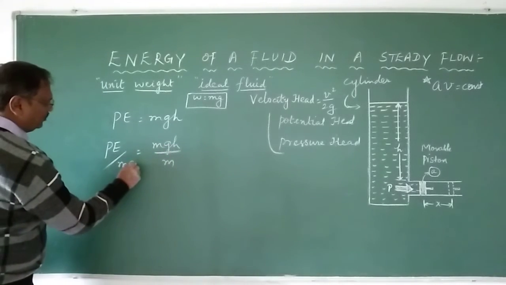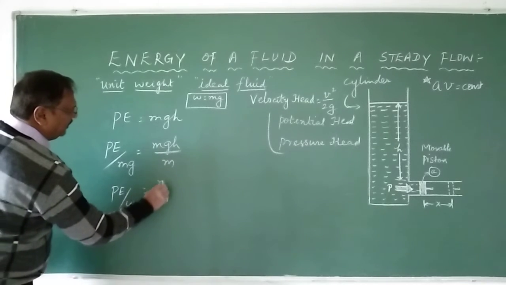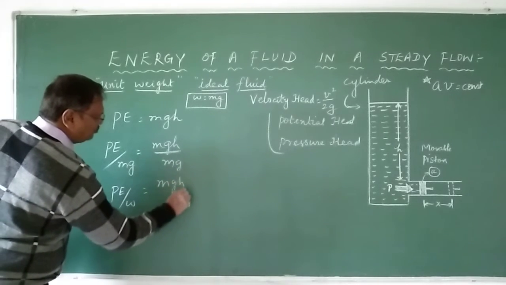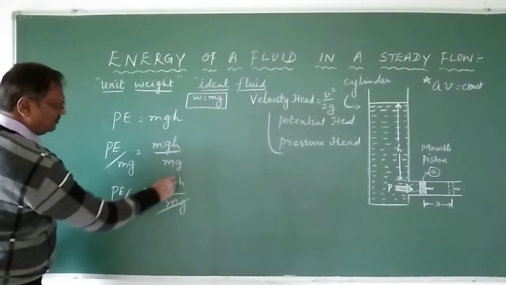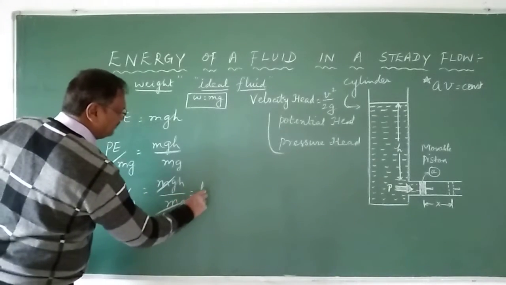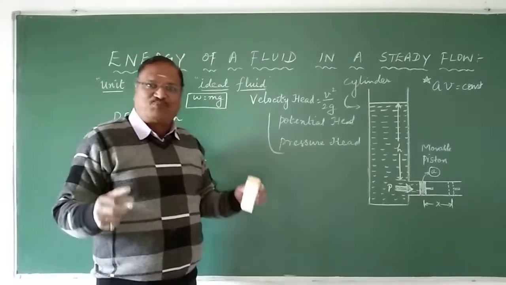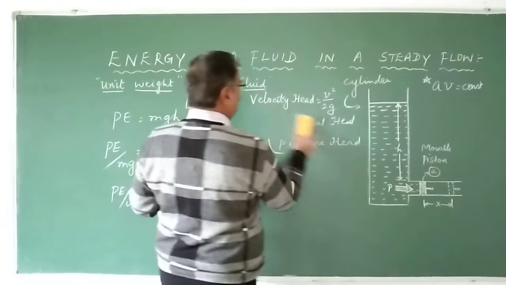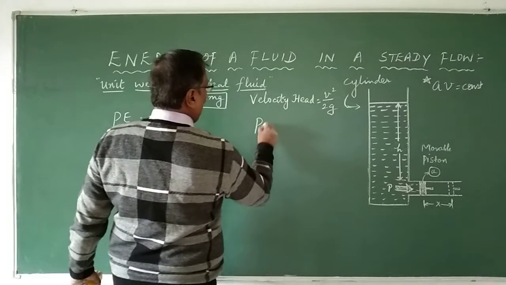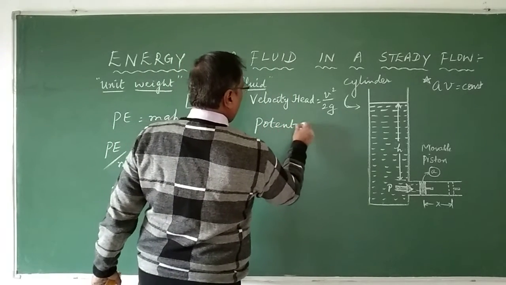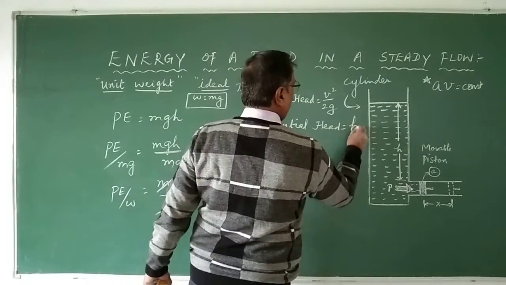Potential energy per unit weight, that is potential energy divided by weight, is equal to mgh upon m into g. The mg gets cancelled. That is h, and that is called potential head. Potential head depends only on the height of the liquid. So I will write here, potential head is equal to h.